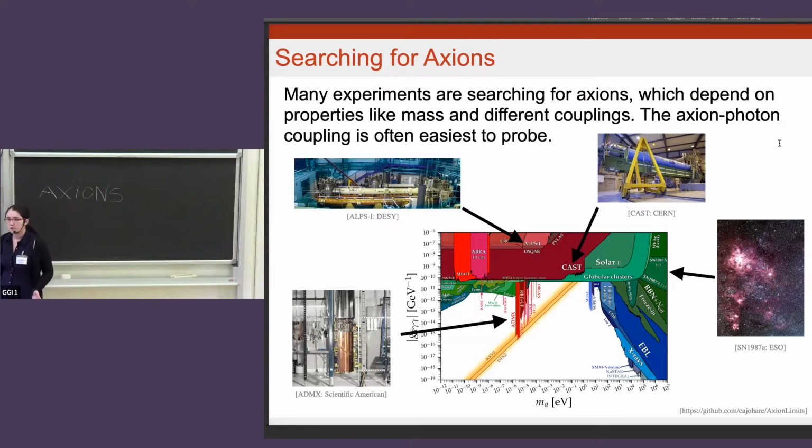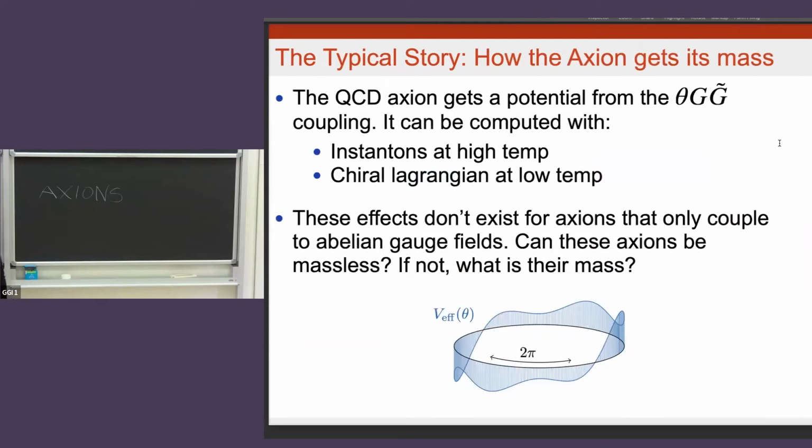Some of that parameter space is model dependent. But we can ask the question, can we say anything about the axion properties when we don't have a gluon coupling? The typical story of how the axion gets its mass is that the QCD axion gets a potential that can be computed with instantons at high temperature, or at low temperature, it can be computed using the chiral Lagrangian.